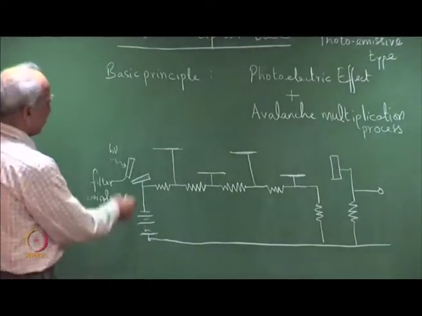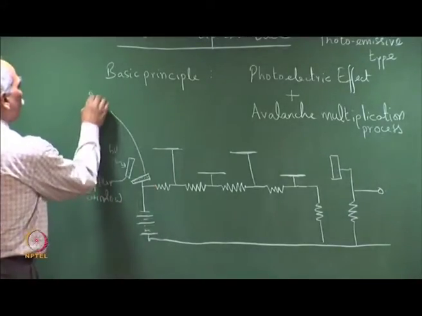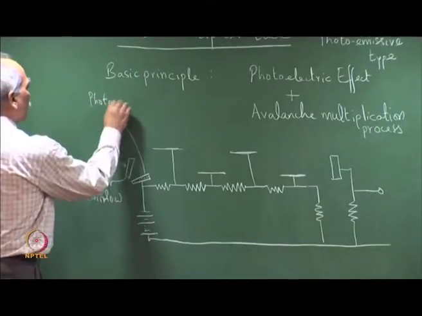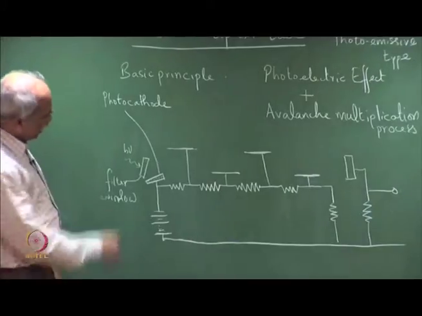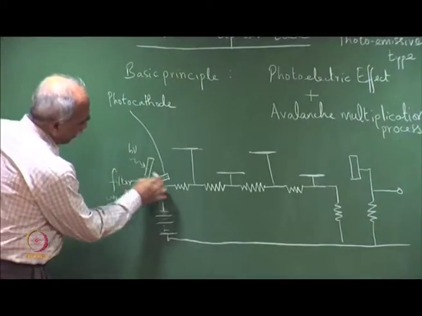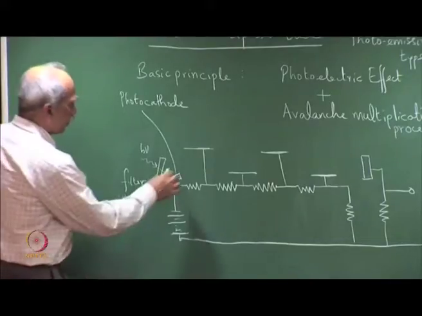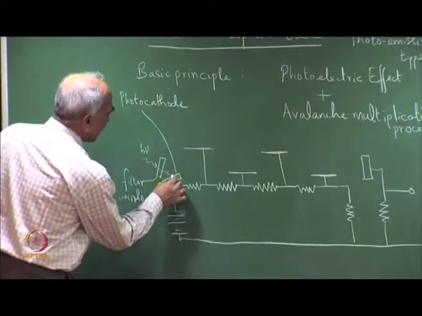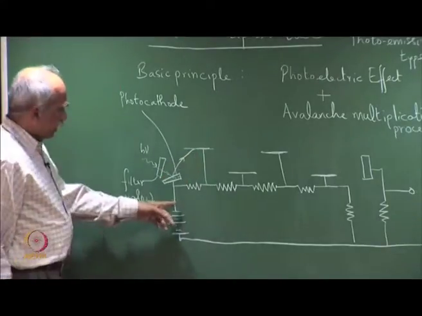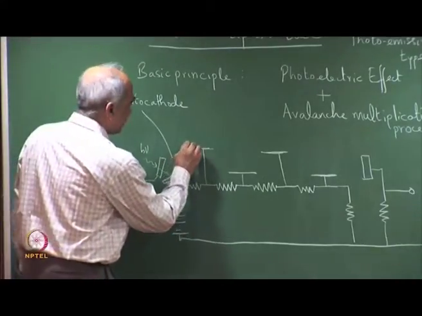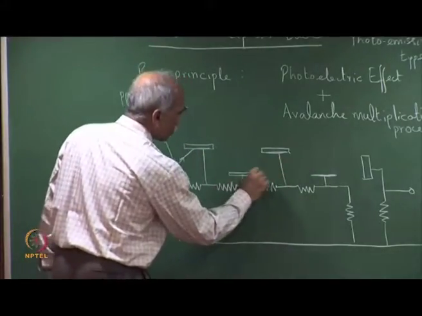The light to be detected is incident on the photocathode here. The photocathode releases an electron, a photoelectron. As you can see, these are the dynodes.